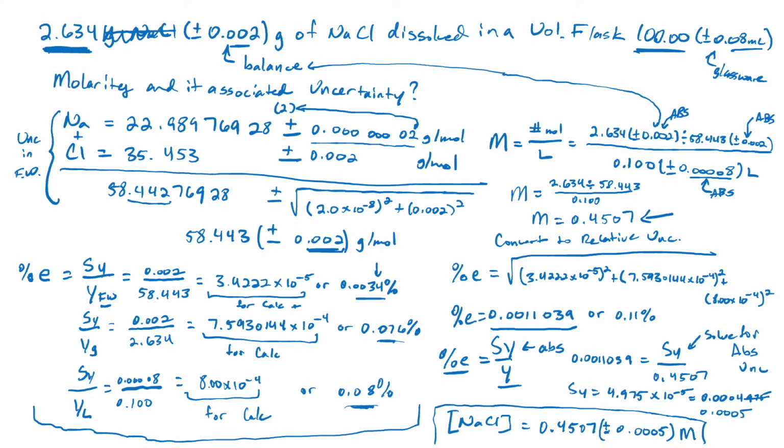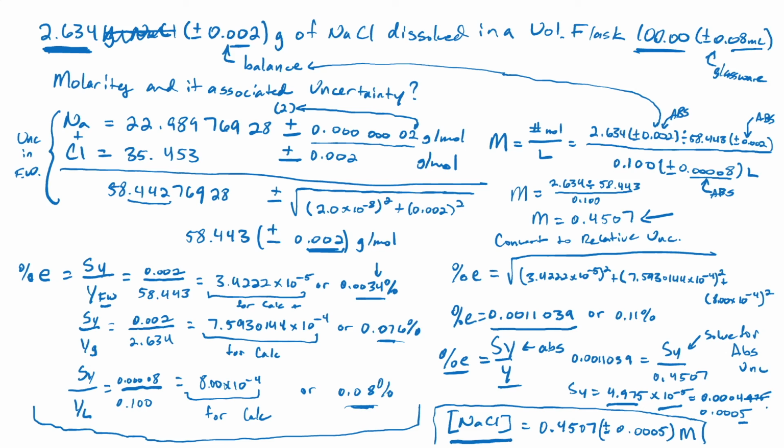The number I got was 4.975 times 10 to the negative 5. I just converted it from scientific notation to floating decimal, right? So that made it 0.0004975, right? And then remember, we always round off to the last uncertain digit, which is the 4 there, and since it was a 9 after the 4, we round up to the 5, so our new number now is 0.0005.